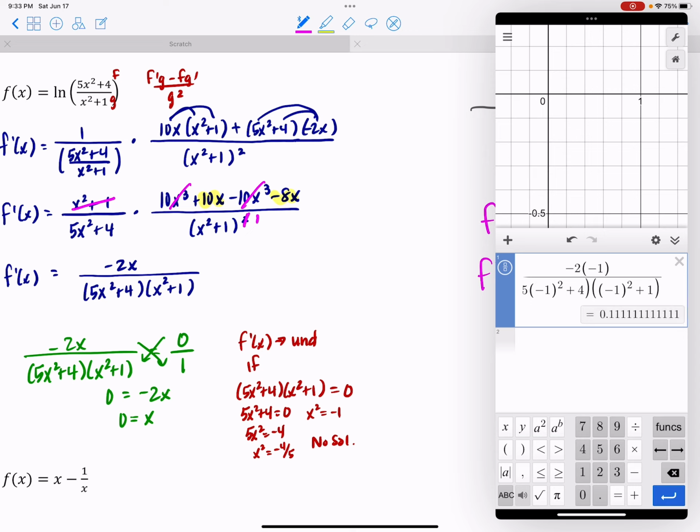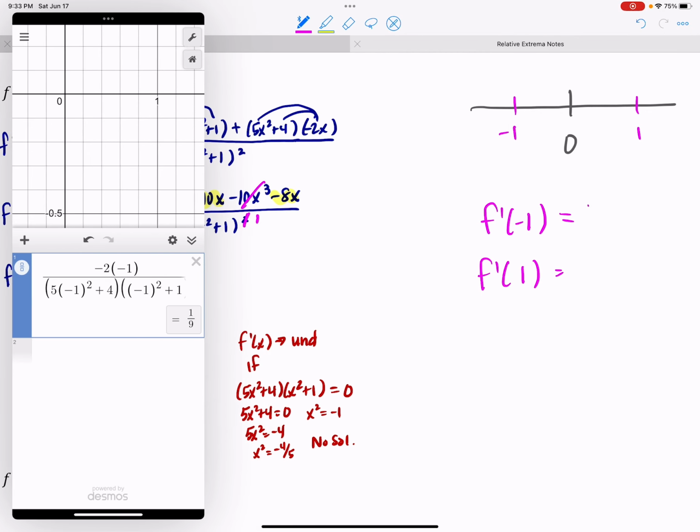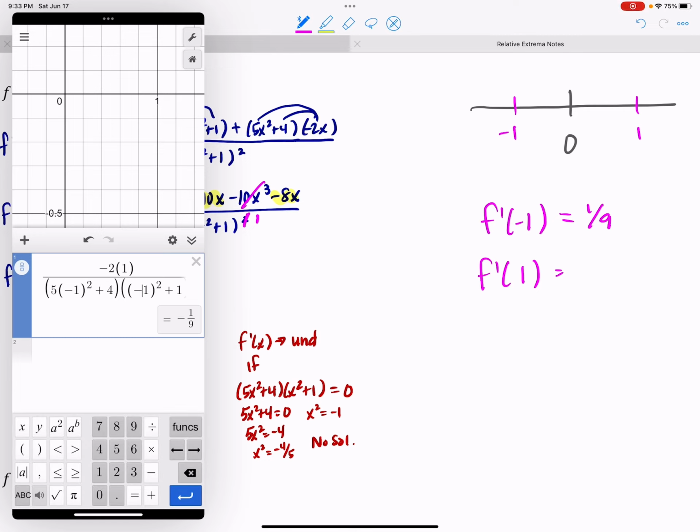Okay, so we end up with, I'm going to go ahead and get the fraction. I like that better, that little fraction of decimal button there. So f prime of negative 1 ends up being a positive 1/9. And then if I plug in the positive 1, I just need to go out and delete these. And I get a negative 1/9.